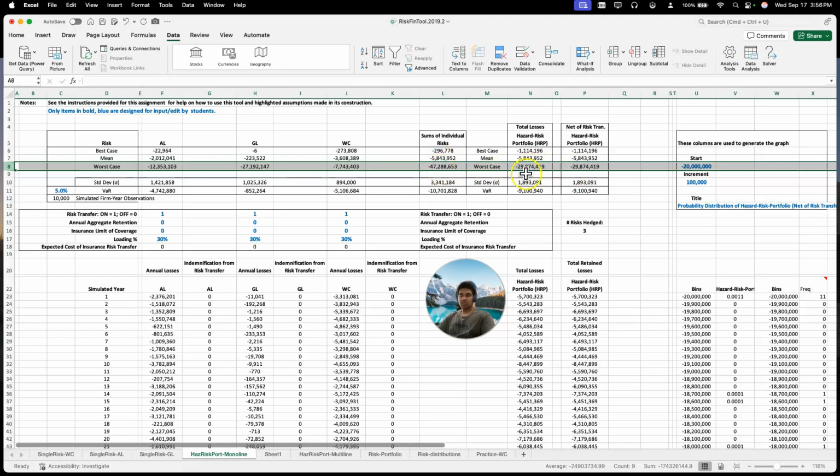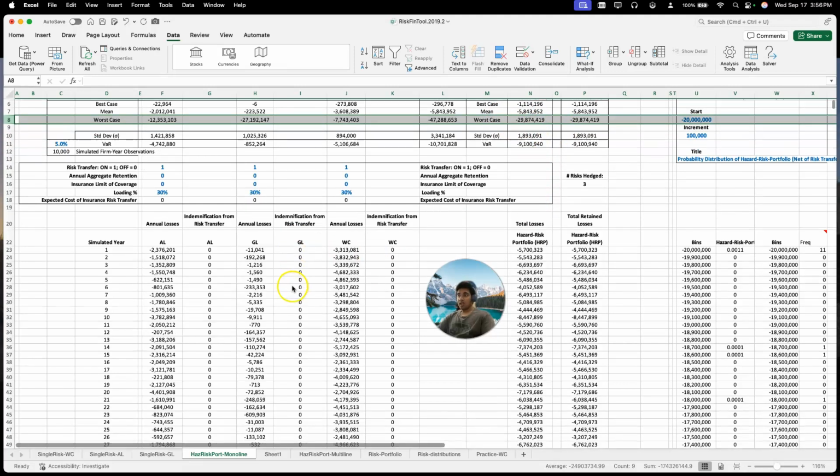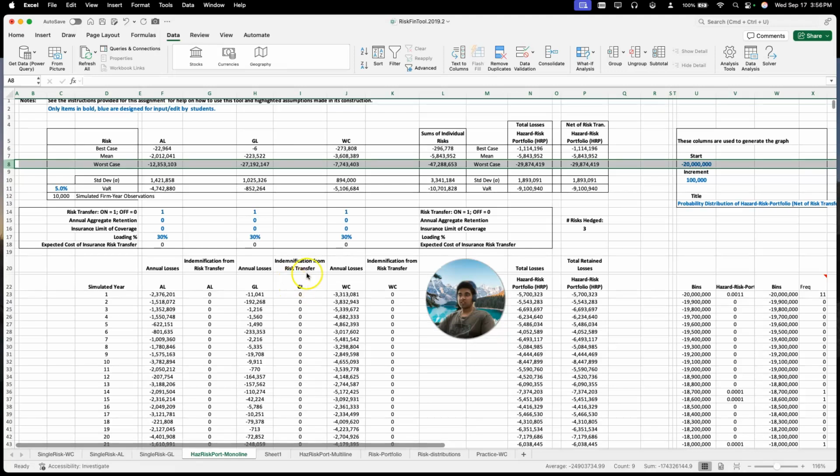Well, 29 million, or more like 30 million, it means that out of all these 10,000 simulated years, one of these years will have a worst case of 30 million dollars worth of losses across general liability, auto liability, and workers' comp.